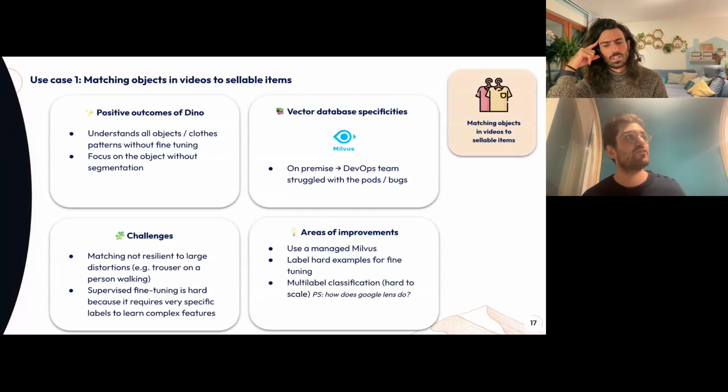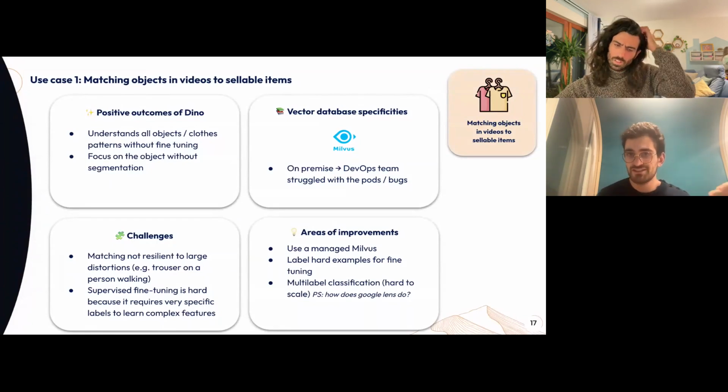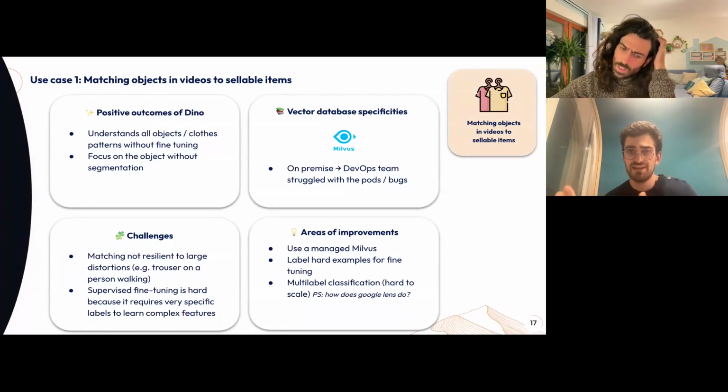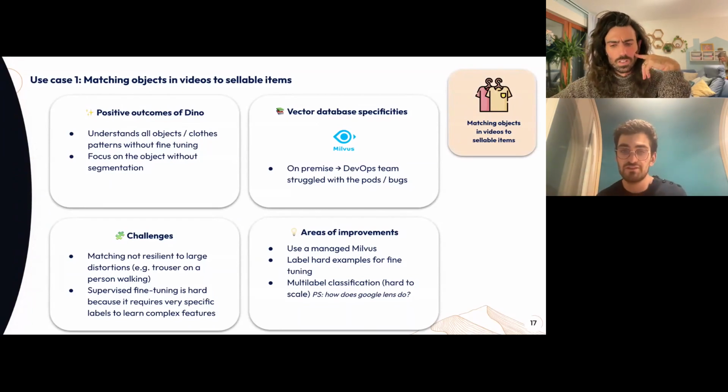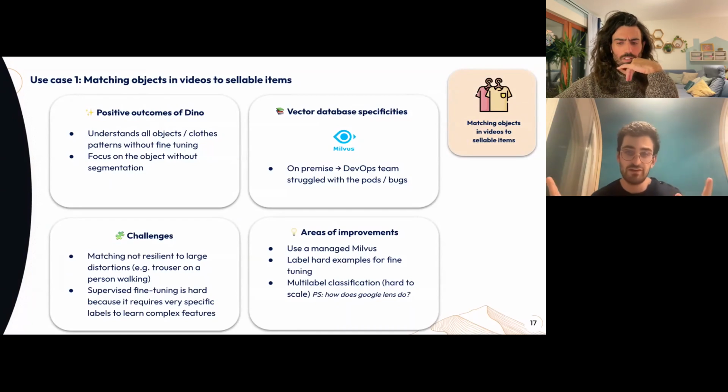Another possibility for fine-tuning would be some sort of multi-label classification. So, for instance, if you consider a top, you could ask, does this clothing contain buttons? Does it have a collar? Does it have stripes? And for all of these categories, you get a score between 0 and 1. Concatenating all these scores together, you can get an embedding which you can put in a vector database for your vector search.